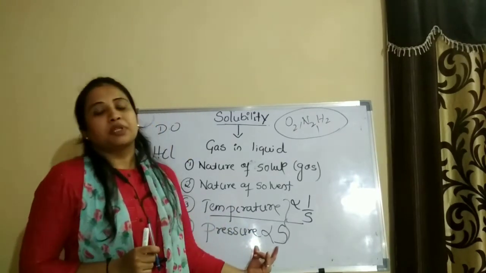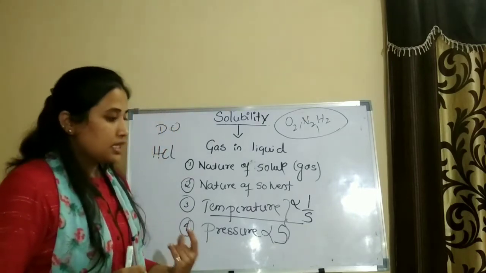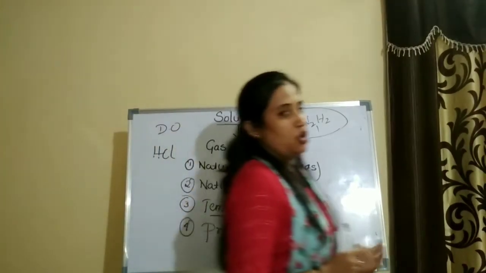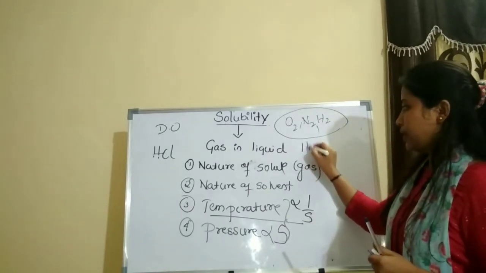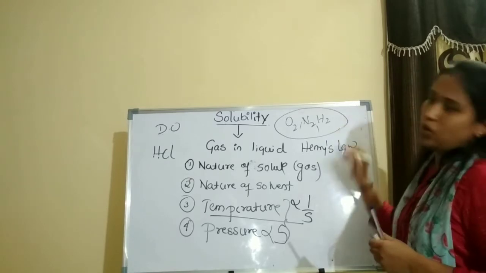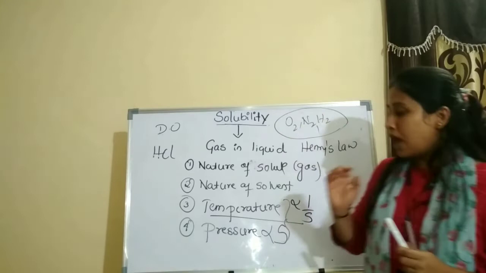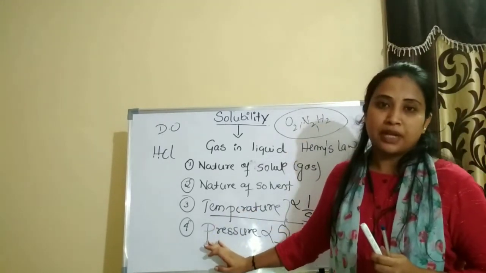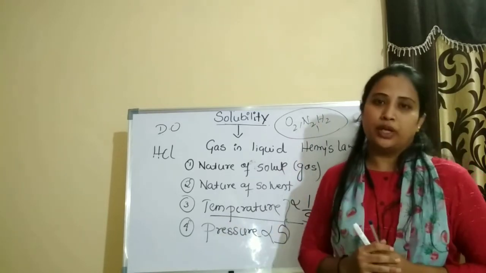This concept, the relationship between pressure and solubility, is explained by a separate law, by the scientist called Henry, and it is famous as Henry's law. Henry explained how pressure plays a very important role in the solubility of a gas in a liquid.